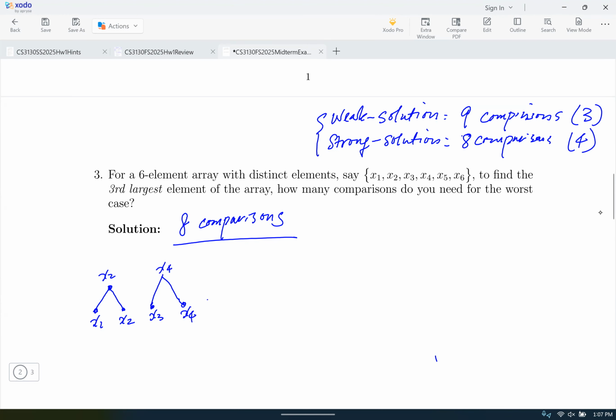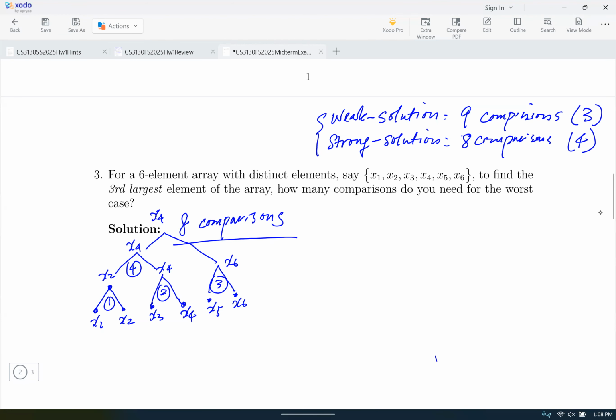X5, X6. Winner X6. Then another round, winner, let's say X4. Right? So comparison 1, 2, 3, 4. The last one, the maximum. Let's say X4.